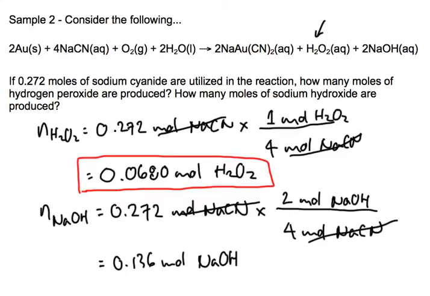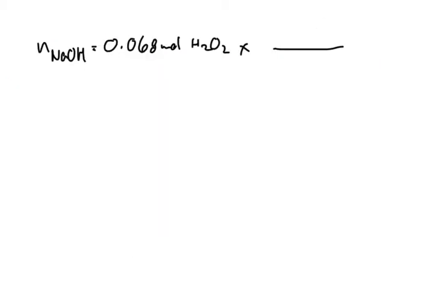Let's just quickly go back to our equation. So now we're trying to get rid of hydrogen peroxide, H2O2, which just has a mole ratio of 1. And we're trying to find sodium hydroxide, which has a coefficient of 2. So it's going to be, as an equation factor, 2 moles of NaOH divided by 1 mole of hydrogen peroxide, H2O2.